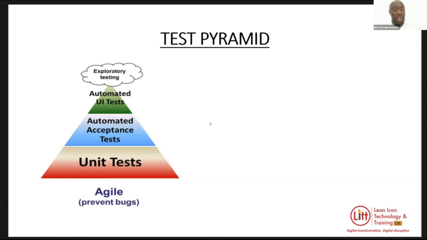Remember, we talked about the test first approach. The agile test pyramid follows the same pattern, and the intention is to eliminate defects as early as possible in the life cycle, because testing is done early. It emphasizes having most of the tests at the lower levels.